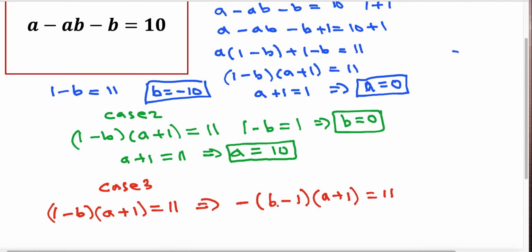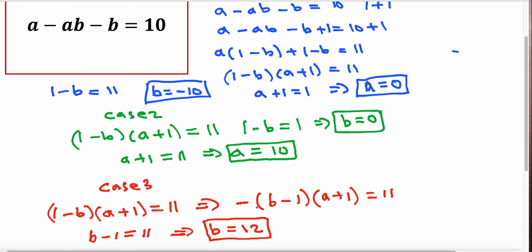And now I'm taking this b minus 1 and I equate it with 11. So b minus 1 is equal with 11, and with simple plus 1 on both sides, b is going to be equal with 12.